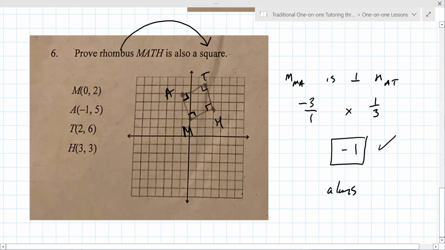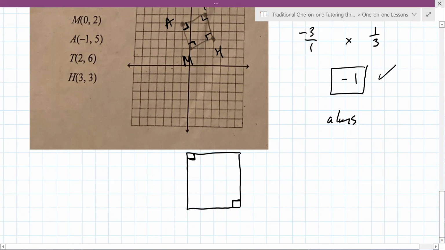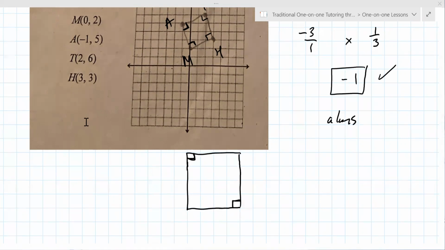And the key there is that the angles are 90 degrees. So if you get one of them as 90 degrees, that's what I was trying to get you to buy into. If one of them is 90 degrees, then opposite angles are congruent. So you got another one that's 90 degrees. That comes from being a parallelogram. In a parallelogram, if you look at number 6, let me scroll up to number 6.